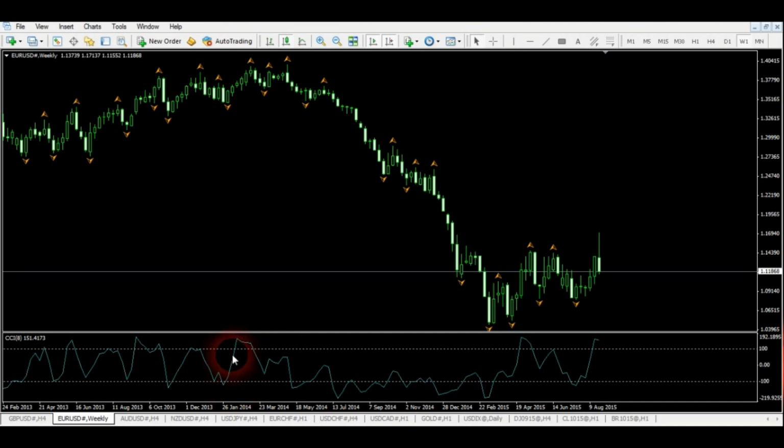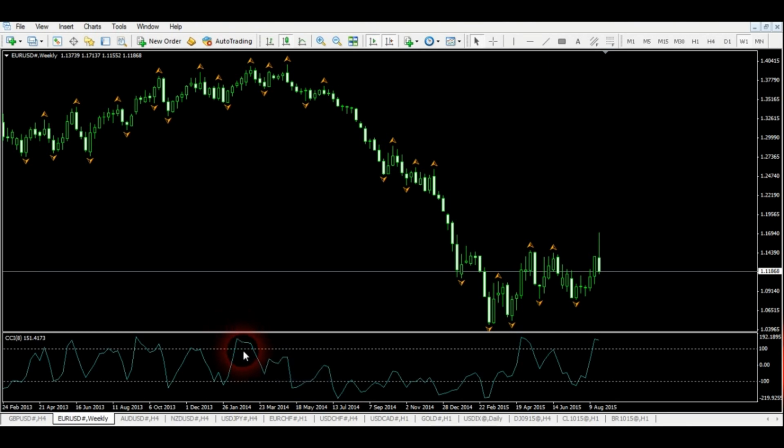And it will be a downtrend until it's under the negative 100. And it's like a hook here, and it's under my risky line. Then do your selling position.